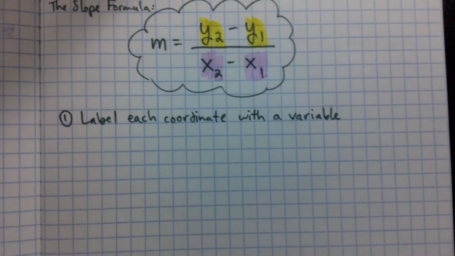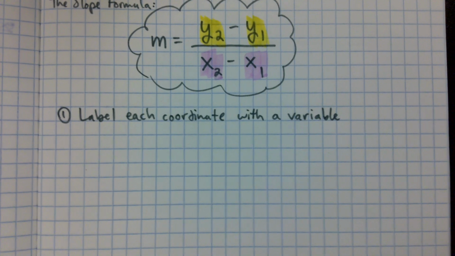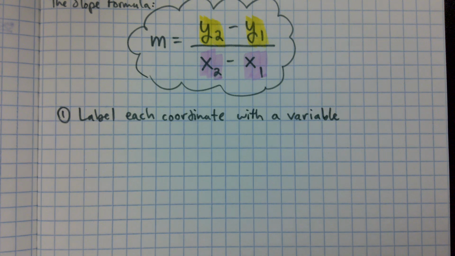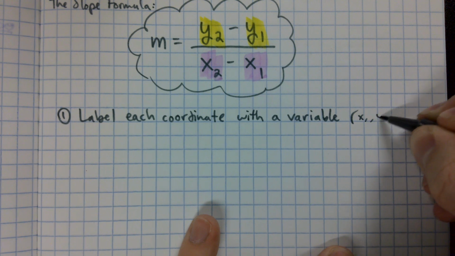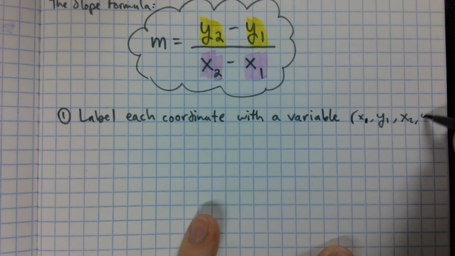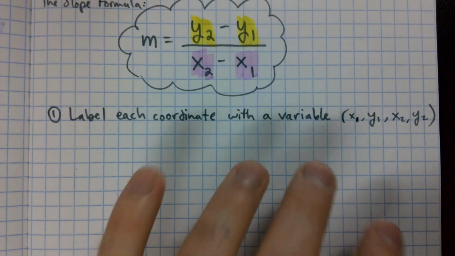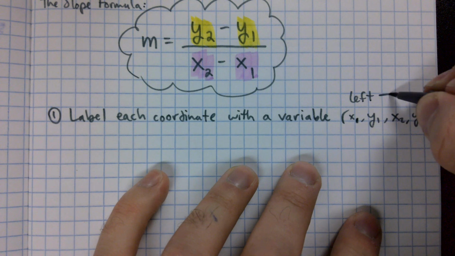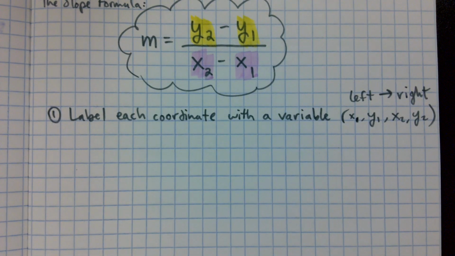I'm going to move this down. We're going to label them left to right: x1, y1, x2, y2.